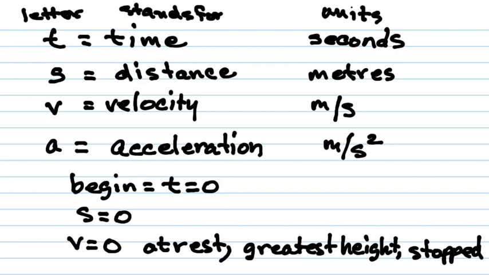Now, you also need to be careful about what they're asking. If they give you a when question, what specific piece of information am I looking for if they say when? That's always time. You're looking for time. And if you're looking for time, they have to give you everything else, right?